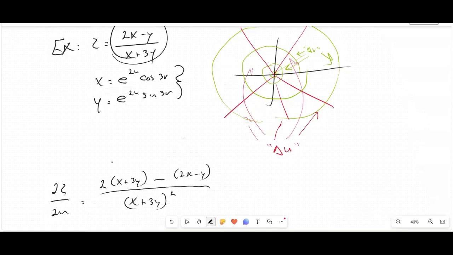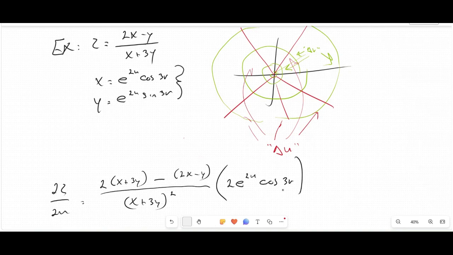I just differentiated that function with respect to x. And then I need dx du because I'm differentiating with respect to u. This is just 2e to the 2u cosine of 3v.